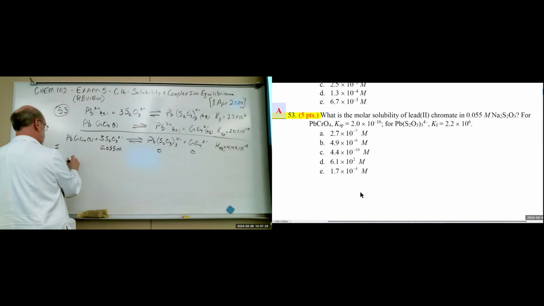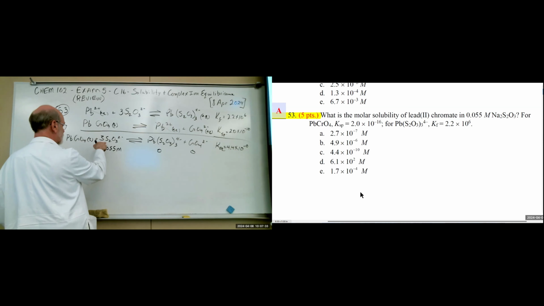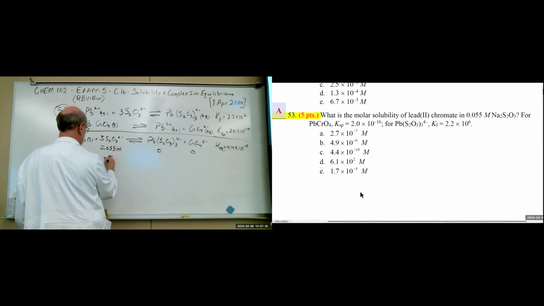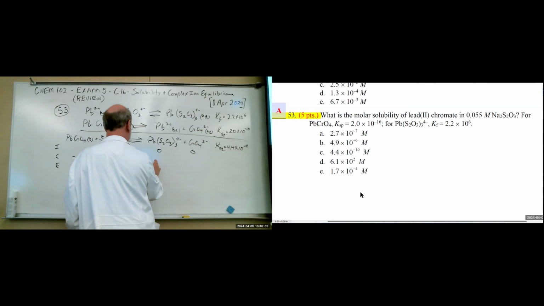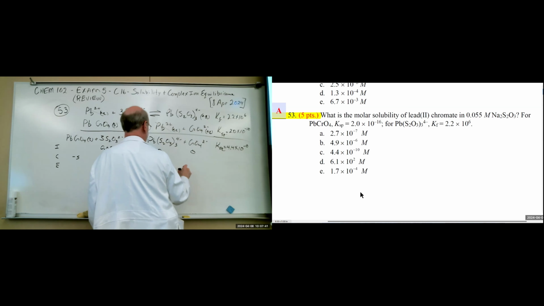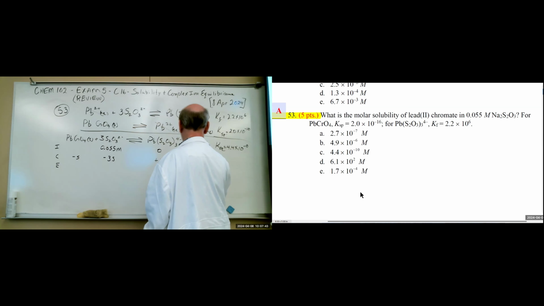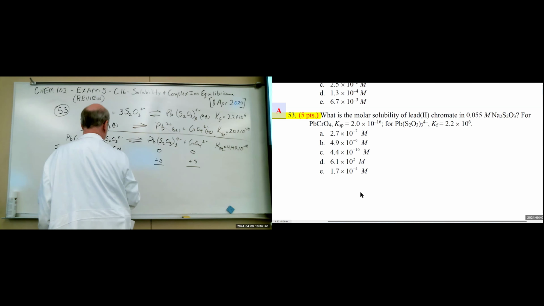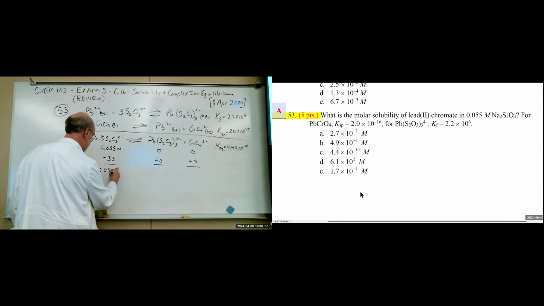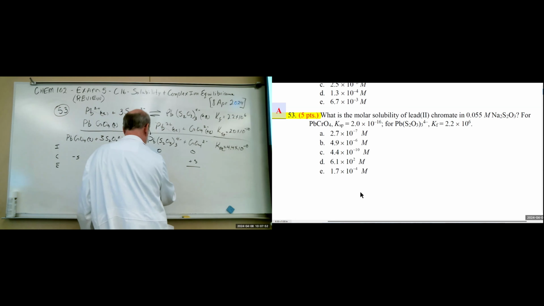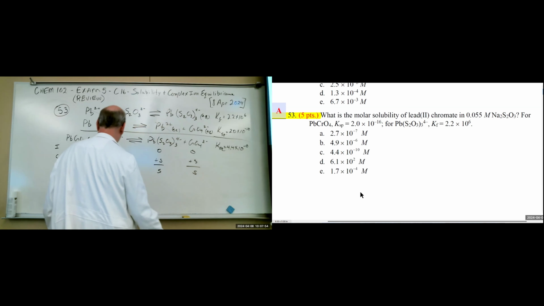And this solid is going to give up some, its solubility. We're going to lose 3 of those for every one of these, we're going to get 1 of these, and we're going to get one of these. Right, so at equilibrium, we're going to have 0.055 minus 3s, s, and s.